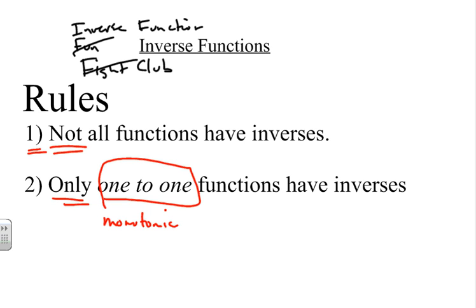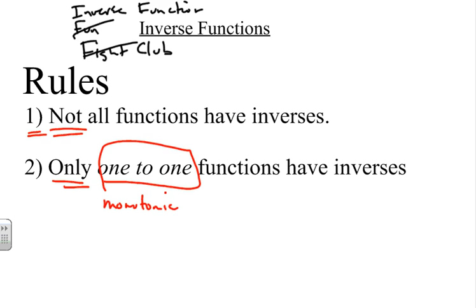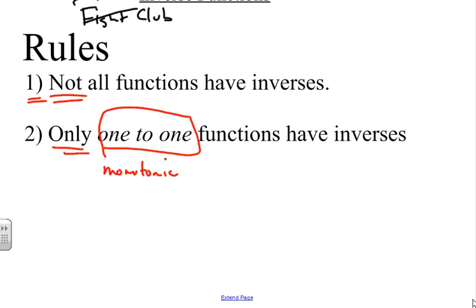What does one-to-one mean? That's an important thing. One-to-one refers to, first off, the function definition: for functions, every input has one output.